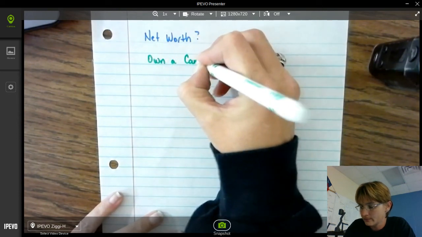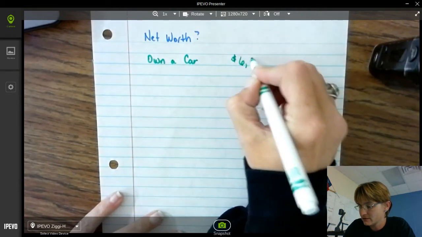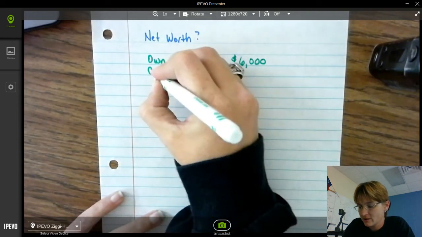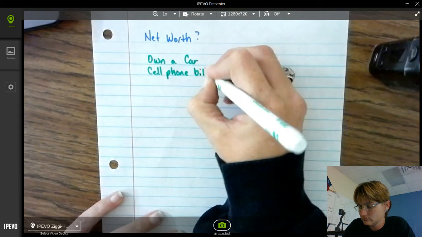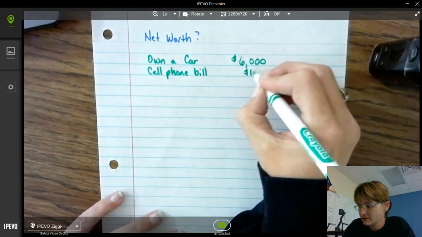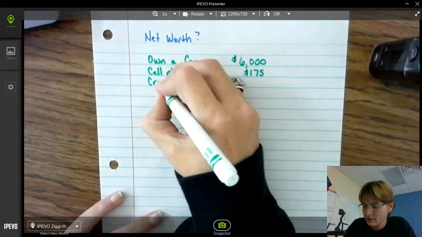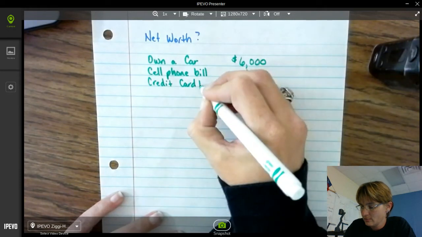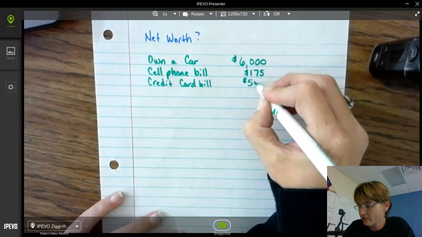We're going to say that you own a car and its worth is $6,000. But you have a cell phone bill at $175 a month. Maybe you have a credit card bill, and the total on that is $540.